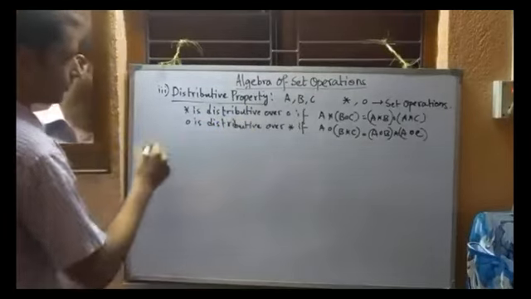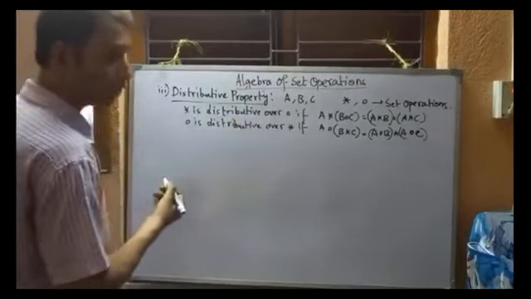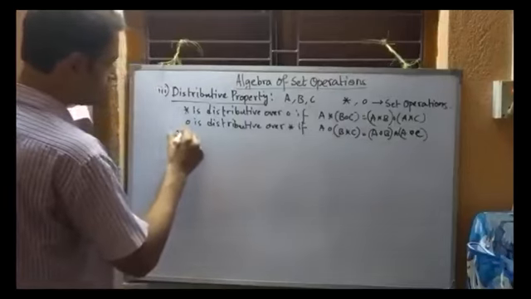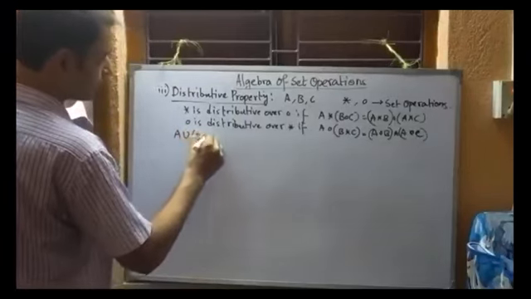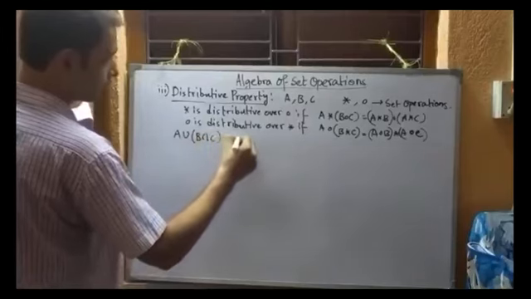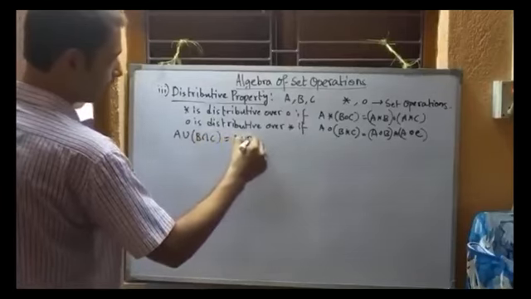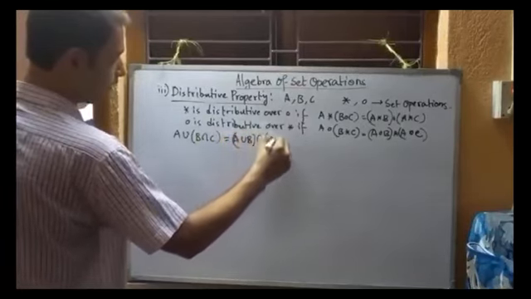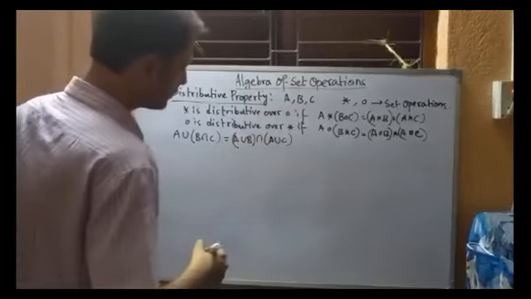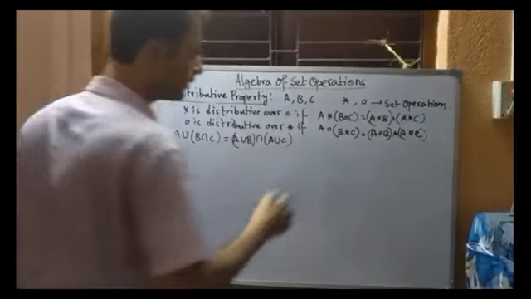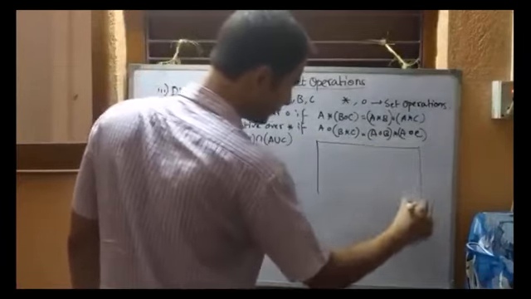So first of all, let us take star as union and naught as intersection. So we can write A union B intersection C is equal to A union B intersection A union C. So we have to verify whether this is equal. So let us draw the Venn diagram again.